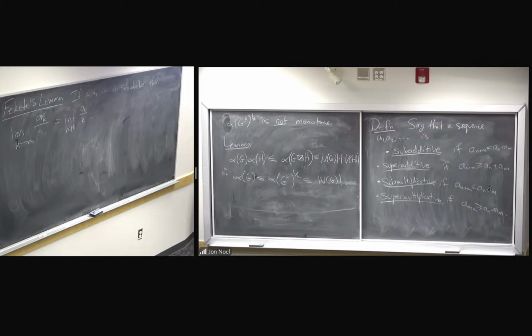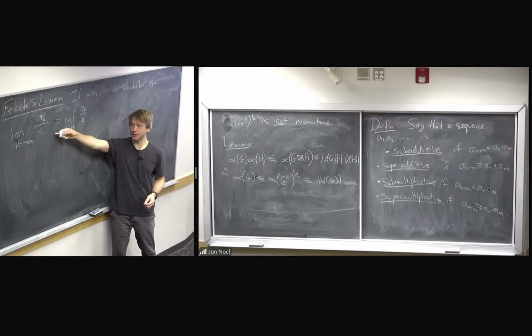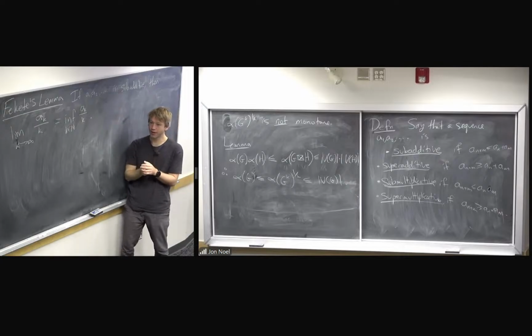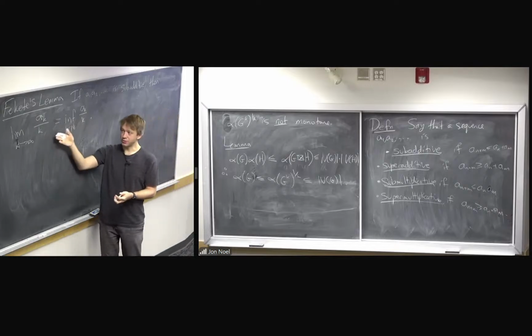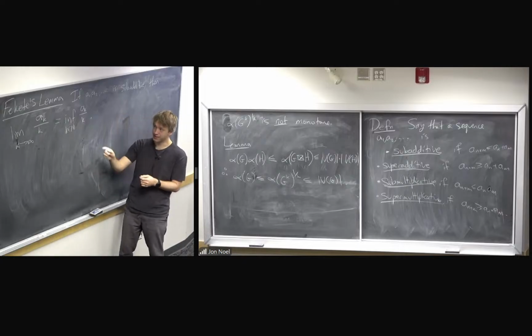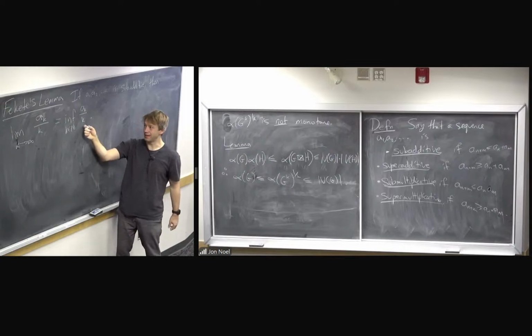In particular, this is saying the limit is equal to something. It's not the limit of the a_k's, but the ratio a_k over k. If this is true, it implies the limit exists. And in fact, not only does it exist, it's equal to the infimal possible value of this ratio.